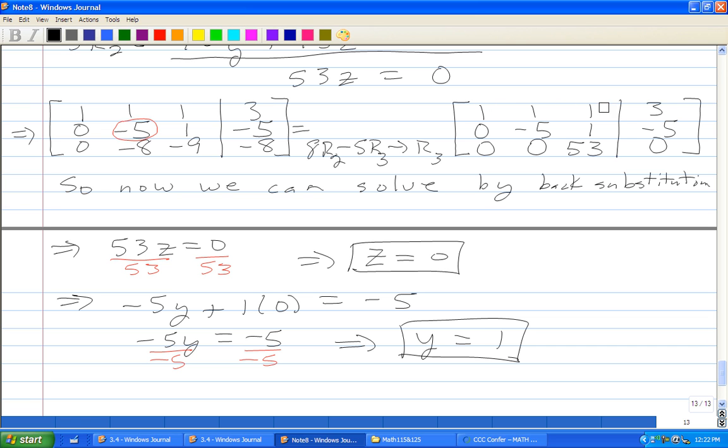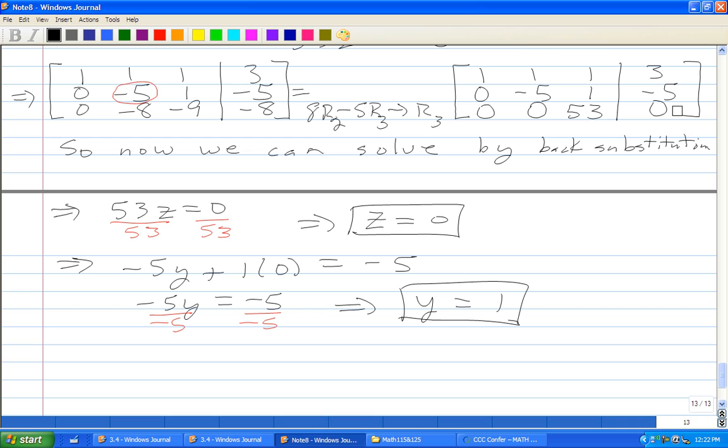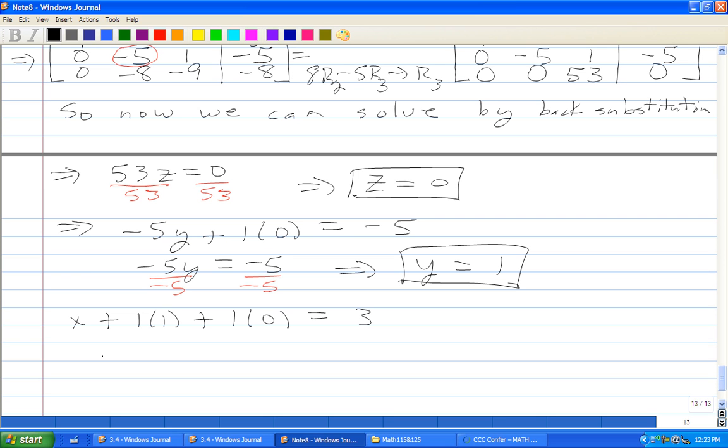And lastly, let's plug into the first row to determine x. So I have x plus y plus z is 3. And so x plus 1 is equal to 3. Subtract 1 from both sides.